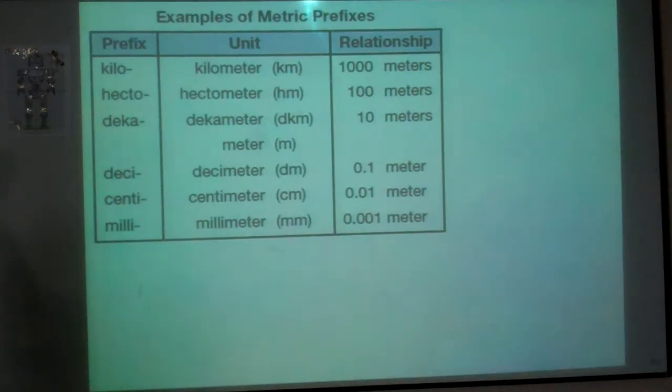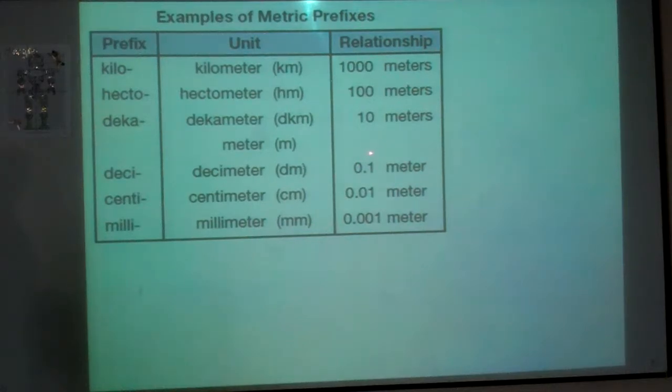Alright, so our prefixes here, we've got kilo, hecto, deca. This is our standard unit, meter. Deci, centi, and milli. So they use the units of length here, and they've got all their abbreviations here as well. But you can see that it goes up by tens or down by tens based off of the meter.